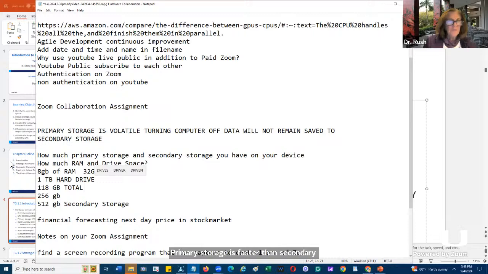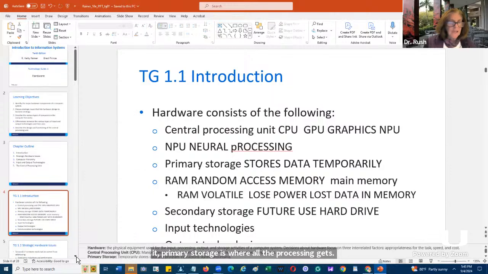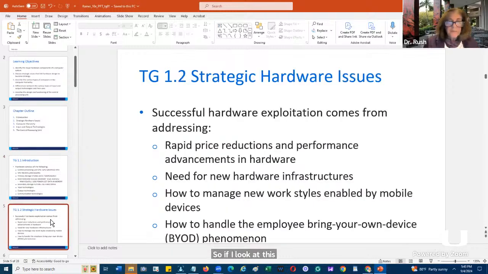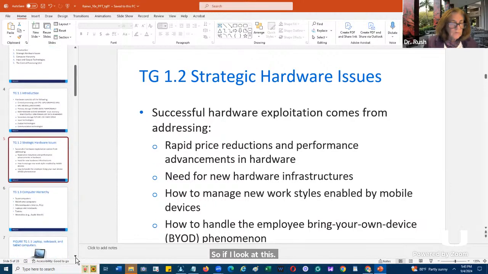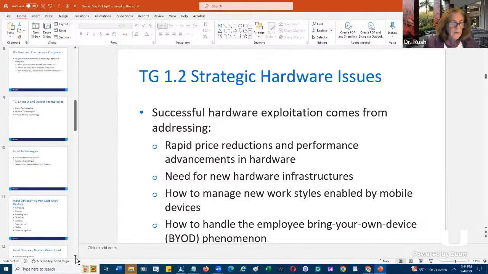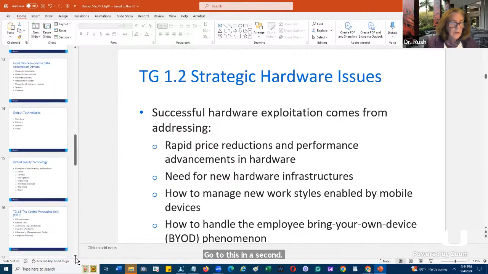Primary storage, basically, is where all the processing gets taken up. So if I look at this, let me just go to this in a second.